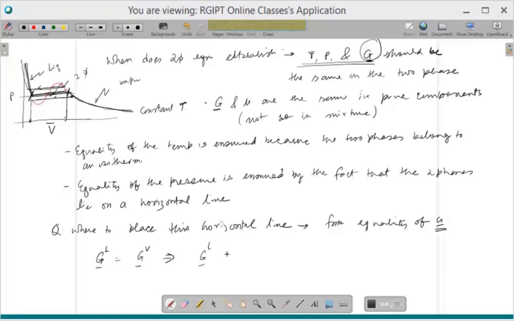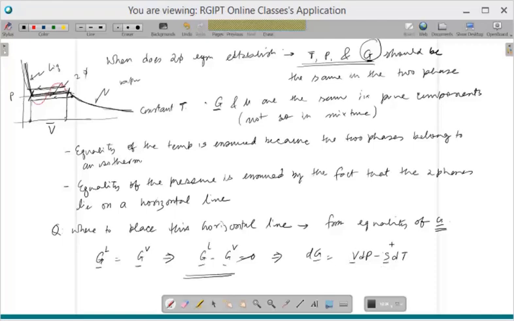That would mean that G under bar liquid minus G under bar vapor is 0. If you remember, dG under bar is v dP minus s dT.